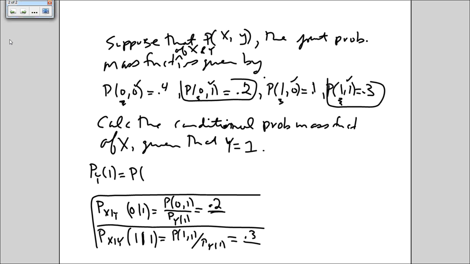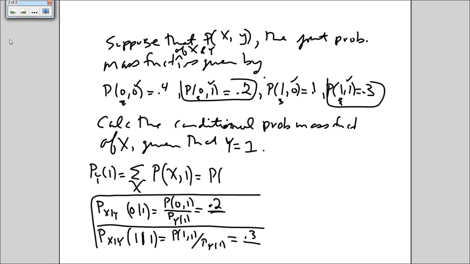In general, it's the summation of P of x,1 over all x, with x being 0 and 1 in this case.